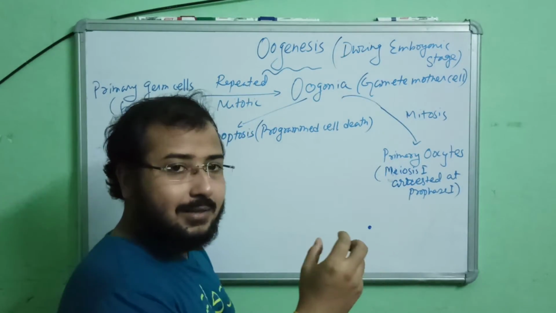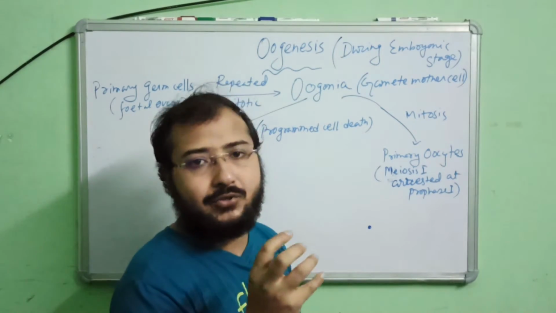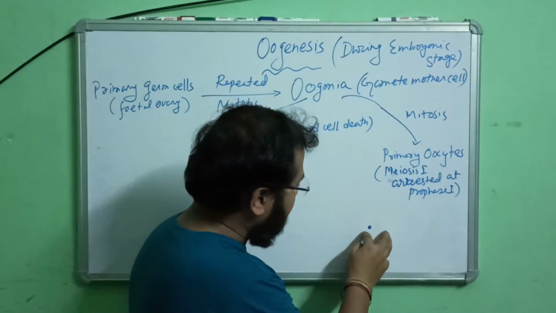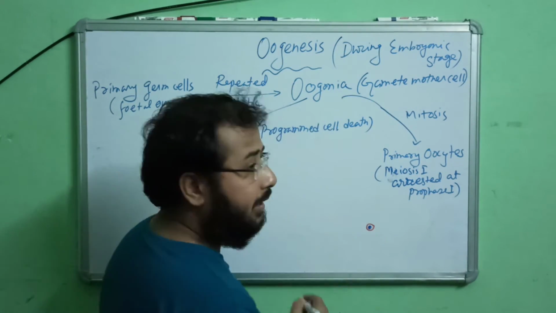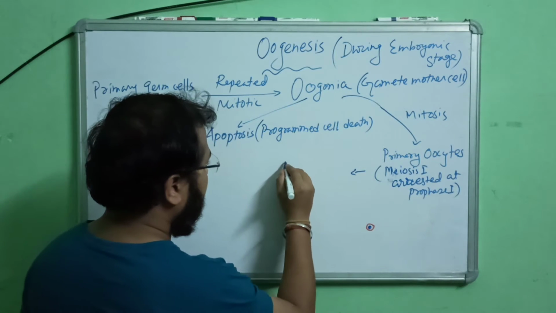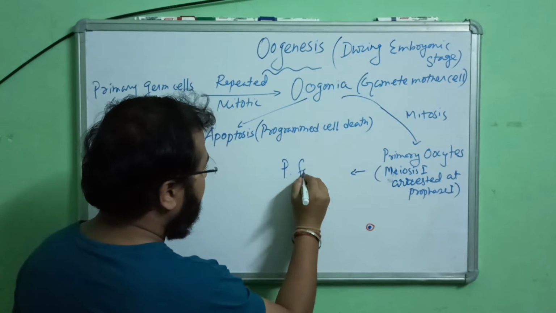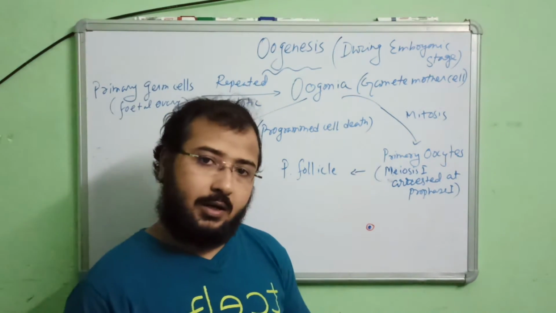Now some cells known as granulosa cells form layers around this primary oocyte. A layer is formed. This layer is known as the primary follicle. Understood?